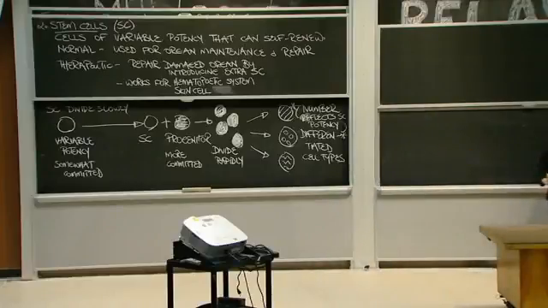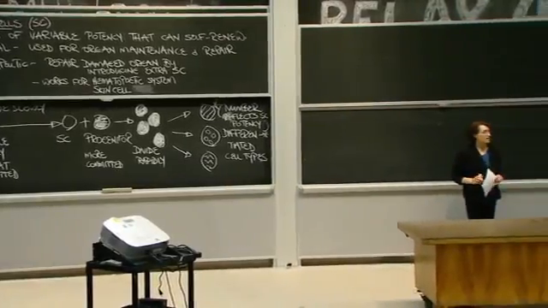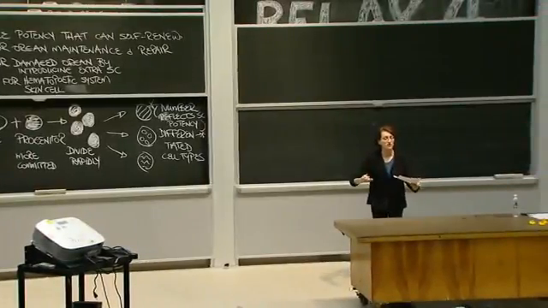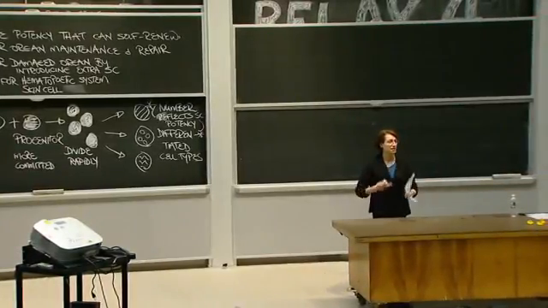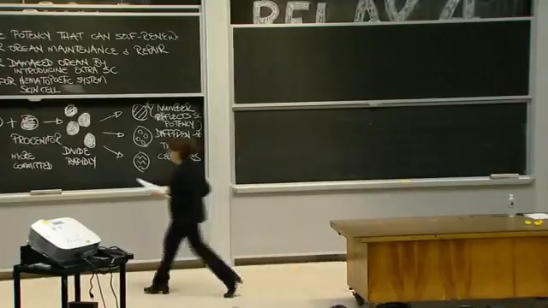This kind of diagram is called a lineage diagram. It tells you not only what the final fate of the cell is, it tells you something about the progress towards that final fate.